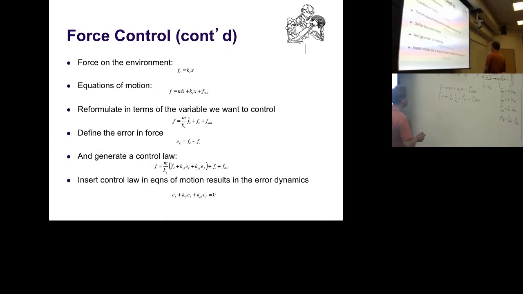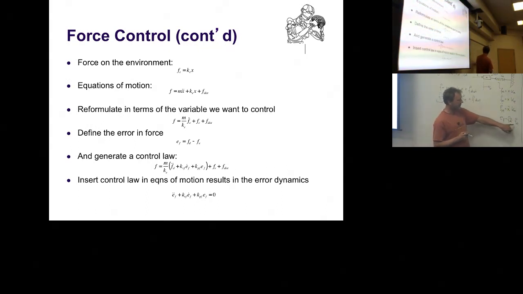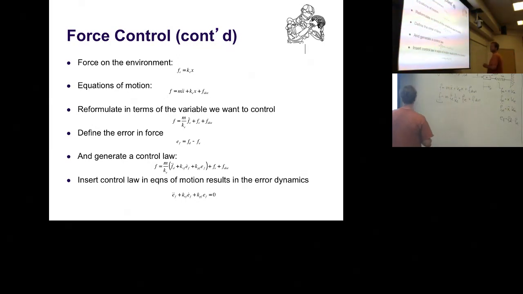And now we need a control law. What we want to do is create a control law for the force, such that in the end this error becomes 0. That means the environmental force is equal to my desired force. Cool. So how do we do that?